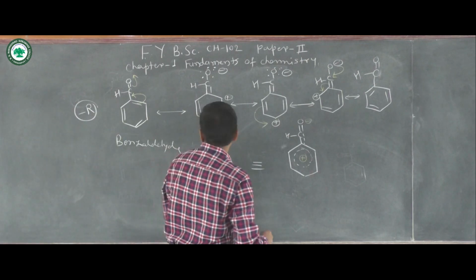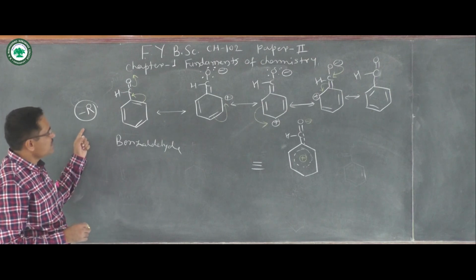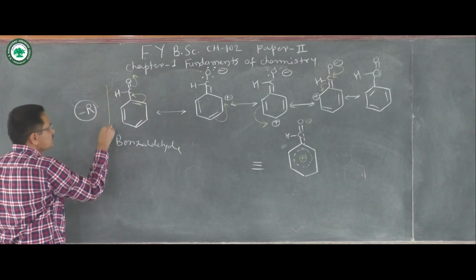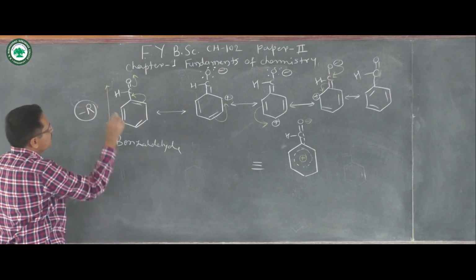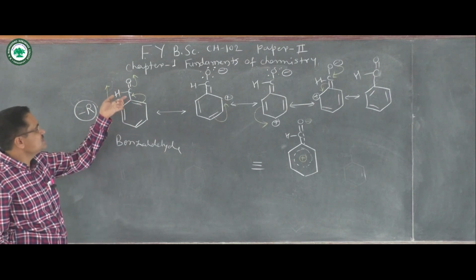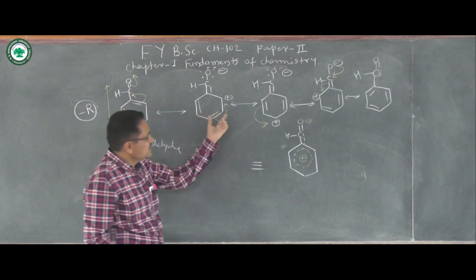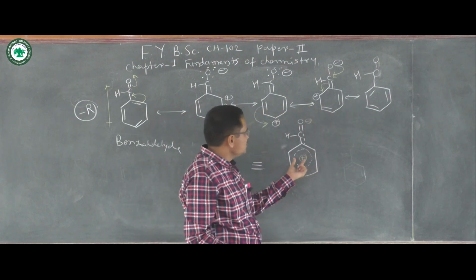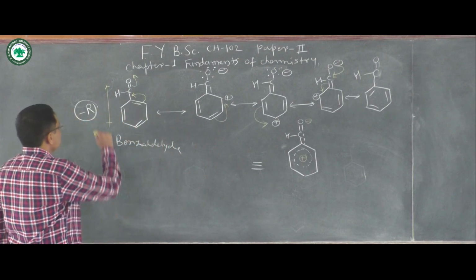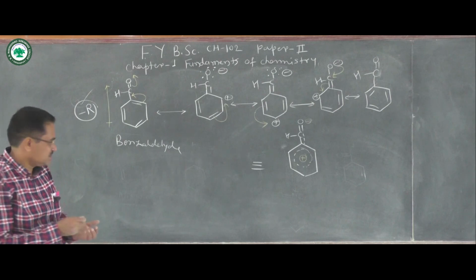Okay, means this example is from the minus R group, because electron is removed from the benzene ring, and this benzene ring carries the positive charge and oxygen has the negative charge, and hence this is under the heading minus R.